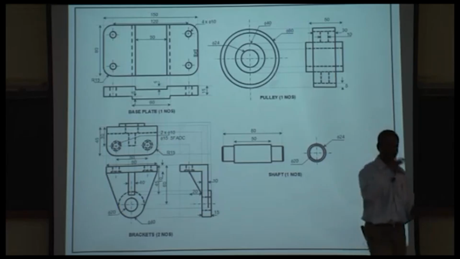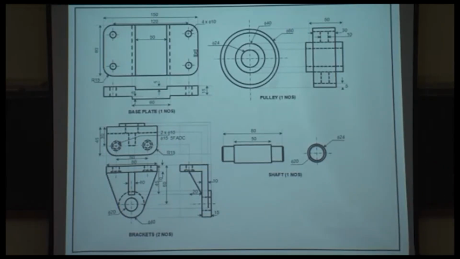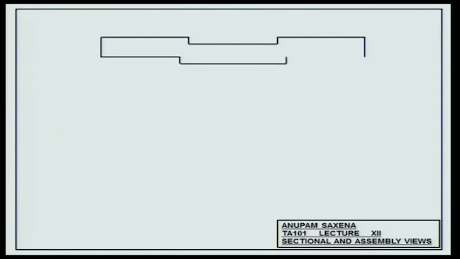Okay? Nicely. Cut and paste the respective front views. This is what I'm doing. The base plate, don't worry about the dimensions, don't worry about the projections as yet. Base plate, quite simple.